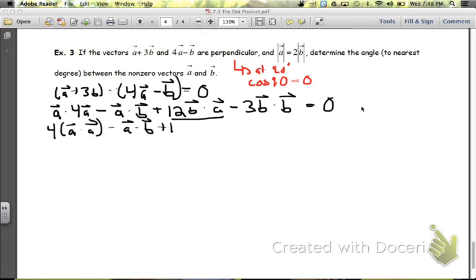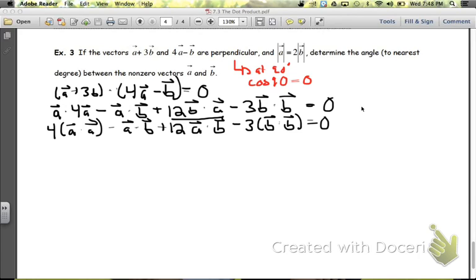So that's 12 A, B. And then here we're going to have minus 3 times the dot product of B and itself equal to 0.